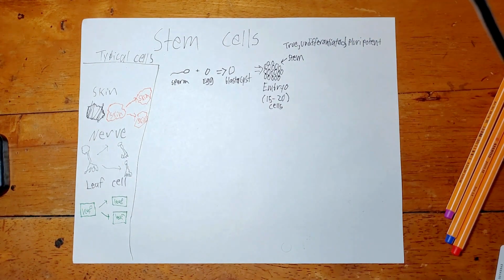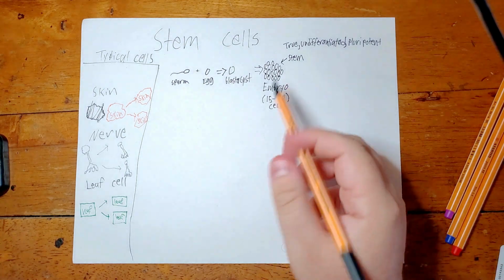We're going to come back and talk about this vocab later, but these undifferentiated, or these pluripotent stem cells, have the potential to become any cell in the body, which you can imagine is a pretty useful thing.